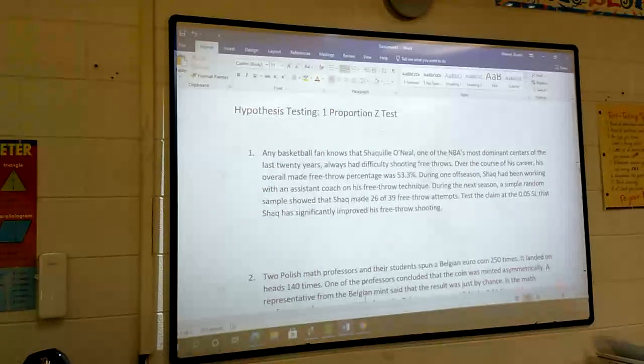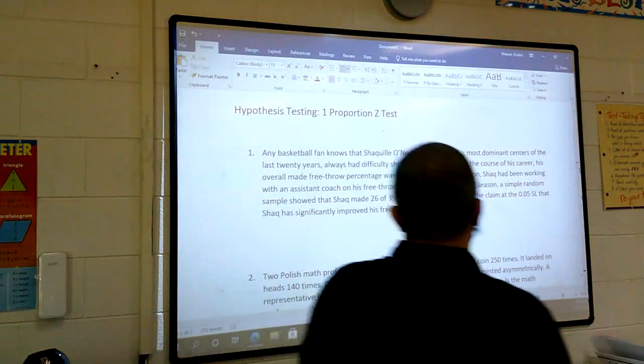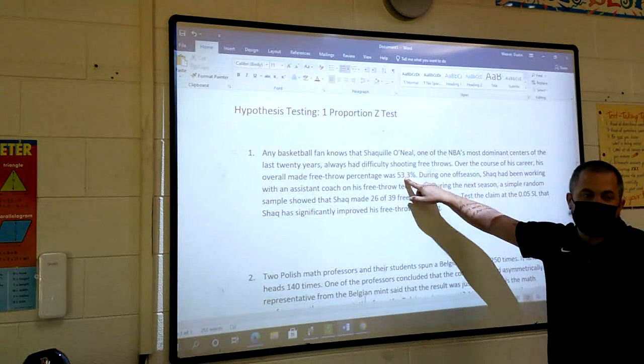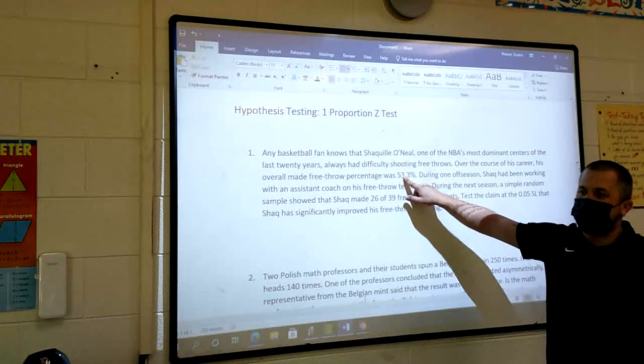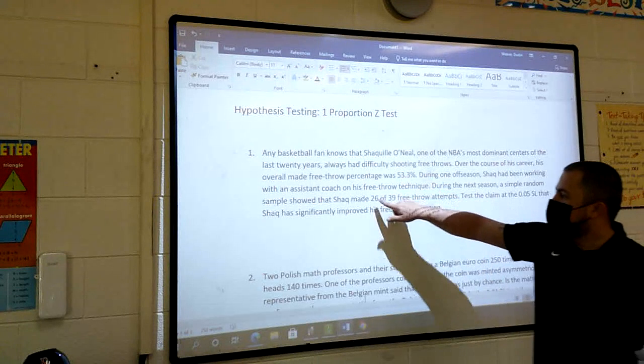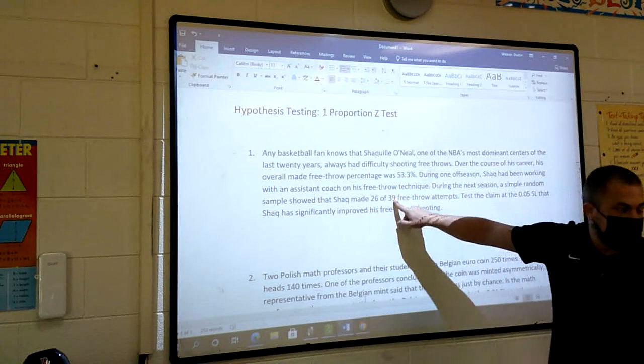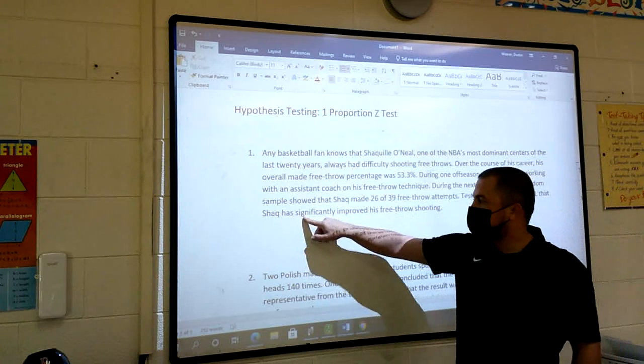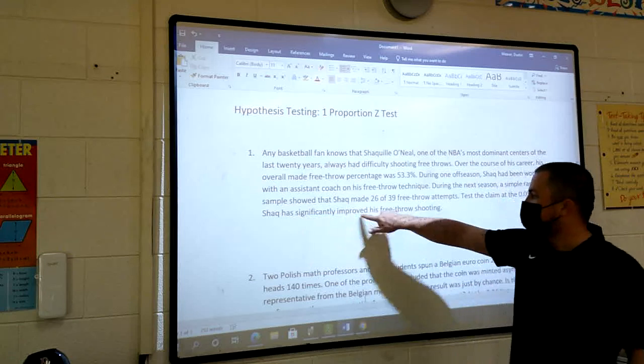So, important parts in this problem right here is that his overall free throw percentage was 53.3%. That's important to have. The 26 out of 39 that he's done this year is very important. And then the last sentence, we're testing to see if he significantly improved it.